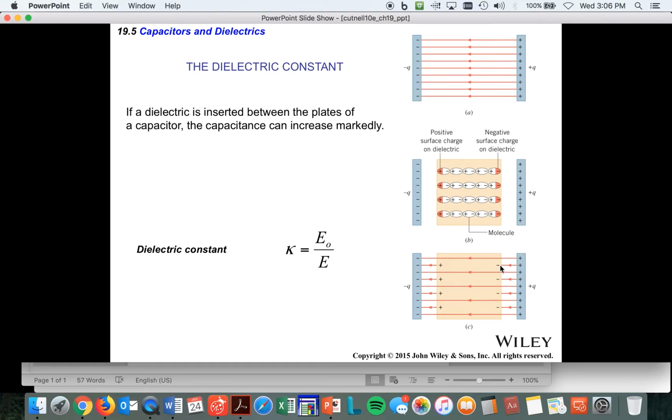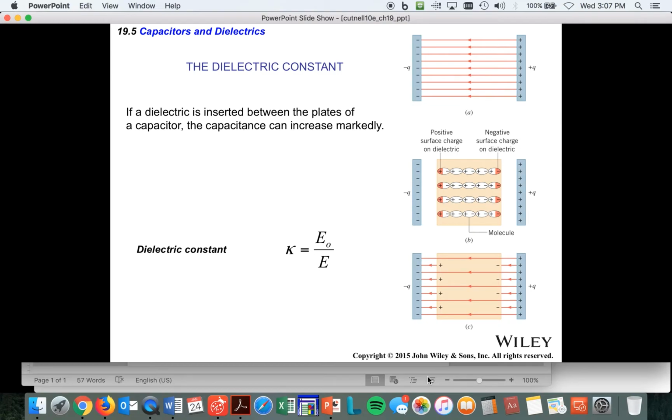I've got a much smaller electric field. Look, it's going less distance, so the voltage is dropping. Some of it's going all the way through, but some of it's just sticking right here. So the voltage drops way down, but the charge stays the same.